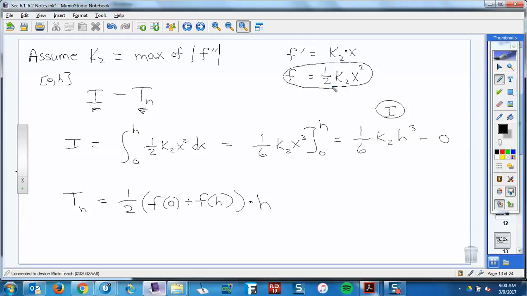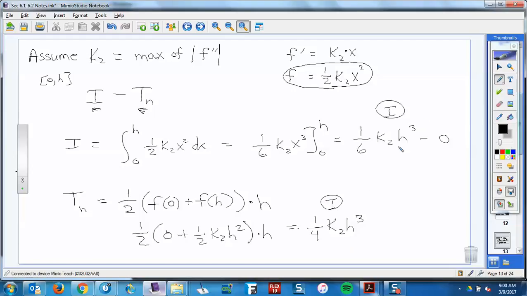So this is going to be 1/2. What's f of 0? 0. What's f of h? 1/2 K2 h squared, times h, right? So what's that going to equal? 1/4 K2 h cubed. That's going to be my trapezoid.